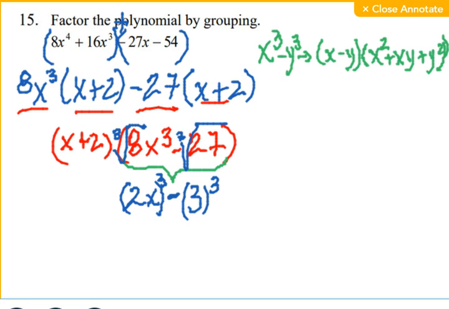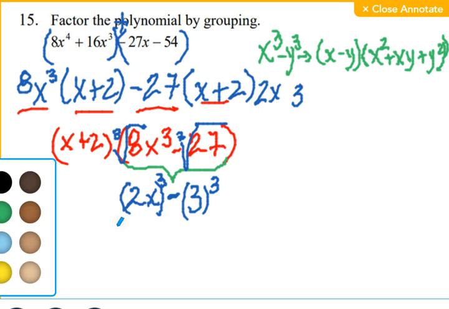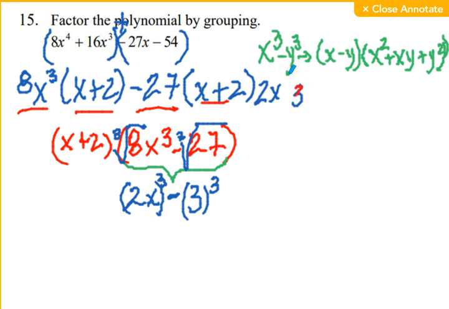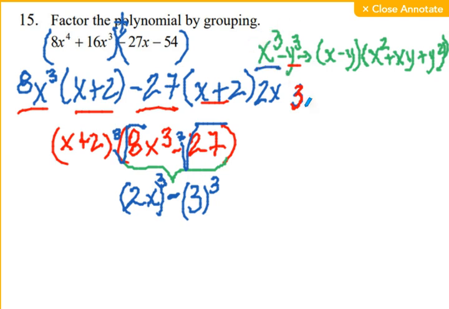So let's see. Instead of x, we're going to write what? 2x. And instead of y, we're going to write 3. Let me change the colors for that one. 3 for the y, and 2x for the x.